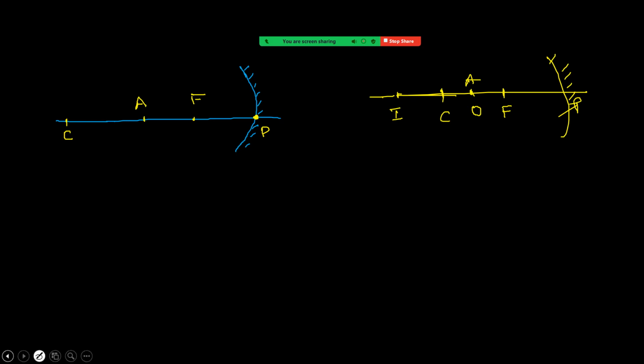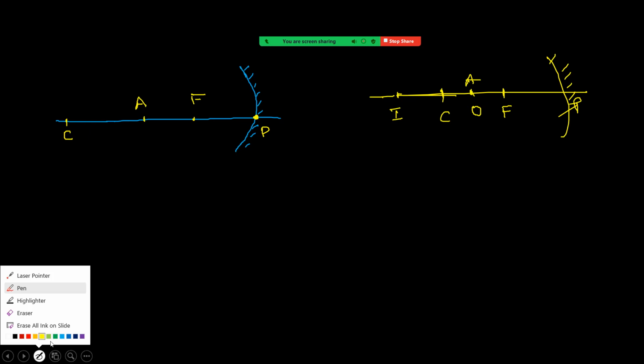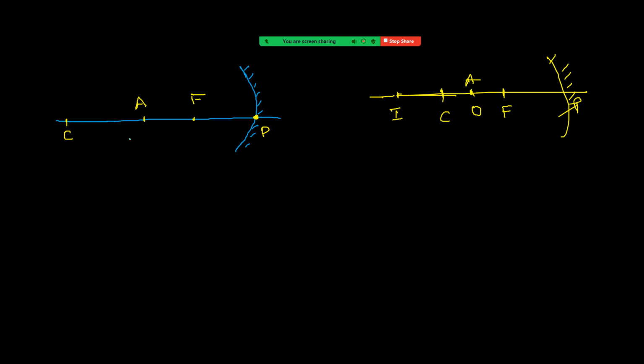Now he shifts his eyes towards his left side. What I am doing here is assuming that the person is now seeing along PA. That is what is given, right?